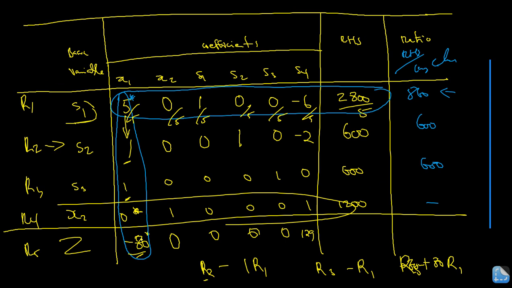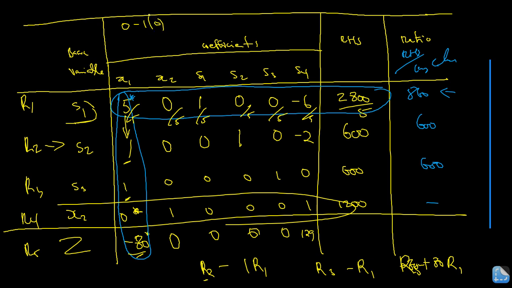Now how do we solve for the remaining values? It is the same process that we did in the previous iteration. So we are going to say R2, which is a 0 here. Let me just write them here. So what is R2? R2 is a 0 here, so it will be 0 minus 1 open bracket R1 0.